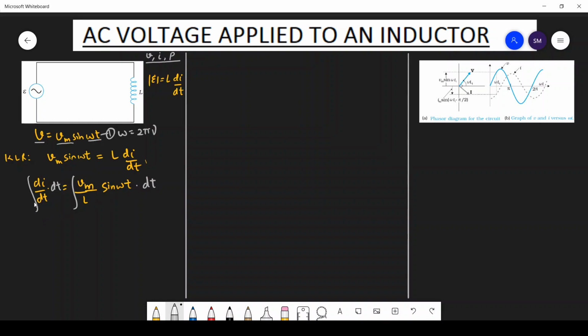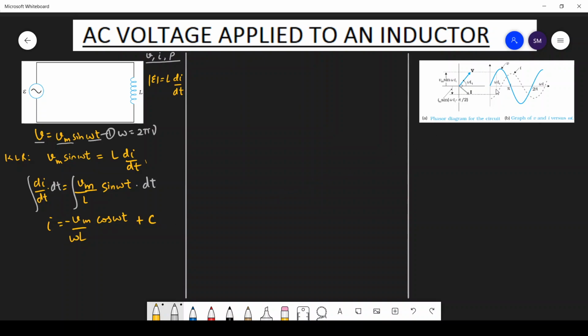So here I will get I equals the constant Vm by L times the integration of sine omega t. What is the integration of sine omega t? That is minus cos omega t upon omega. So let me write omega also here, plus the constant of integration C. Now this is current, and this is also current.